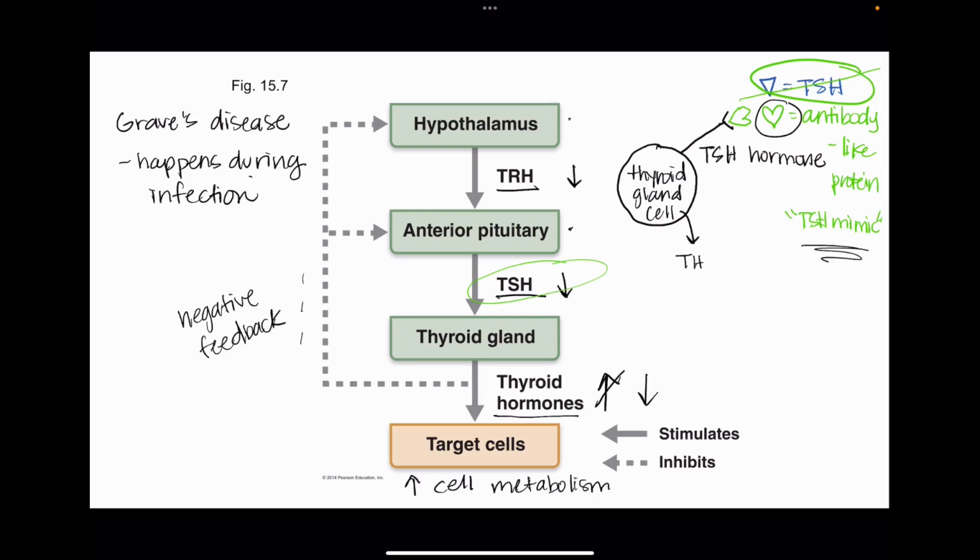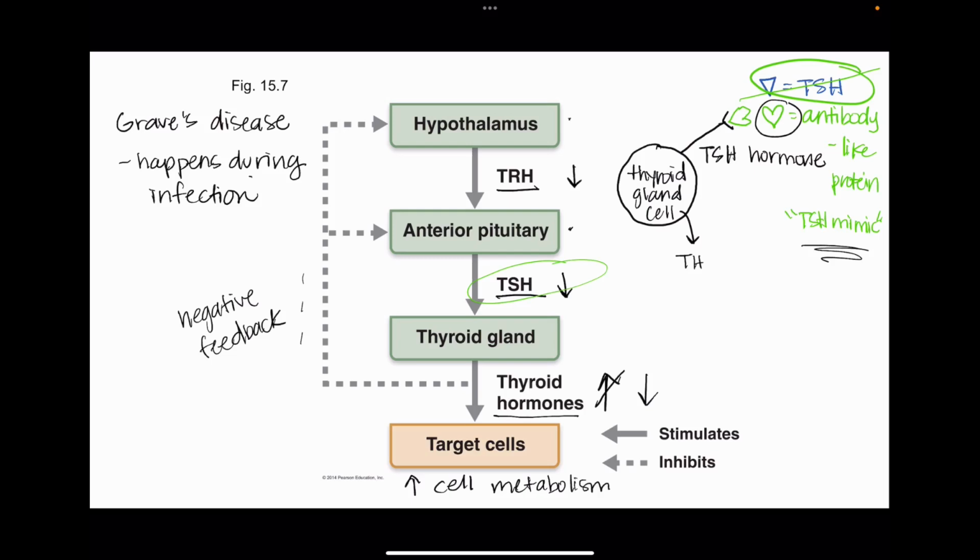Yeah? Professor, you said this happens during an infection. What type of infection do you mean? So it could be any kind of bacterial or viral infection. The Epstein-Barr virus, like I said before, EBV, is one of the commonly linked viruses to Graves' disease, but it can be any bacterial or viral or fungal infection that just causes your immune system to make this particular shaped antibody. Yeah. Is the mimic produced by the thymus?